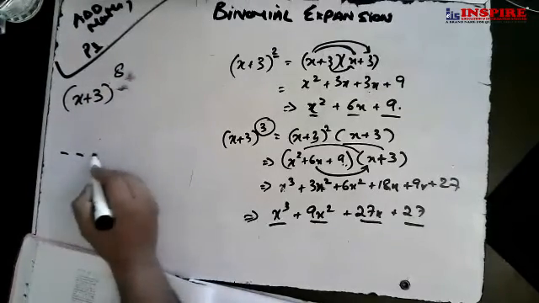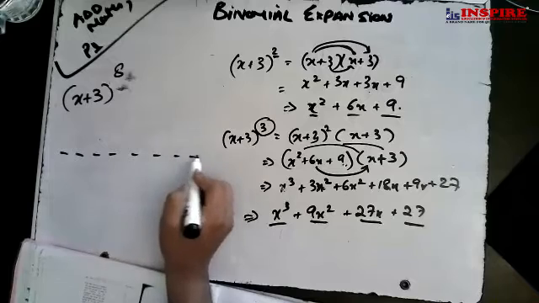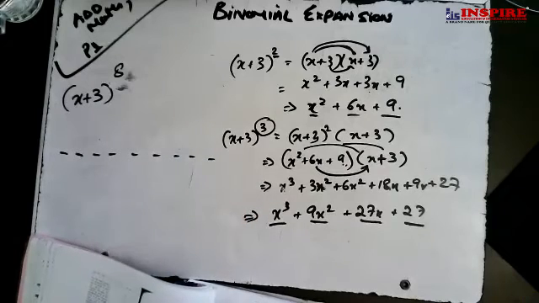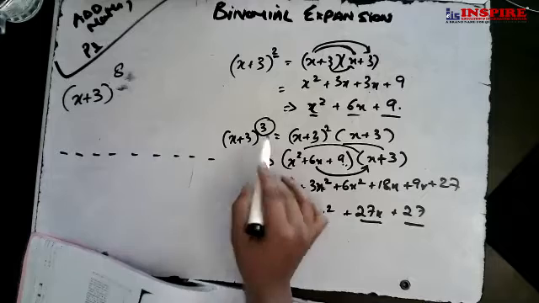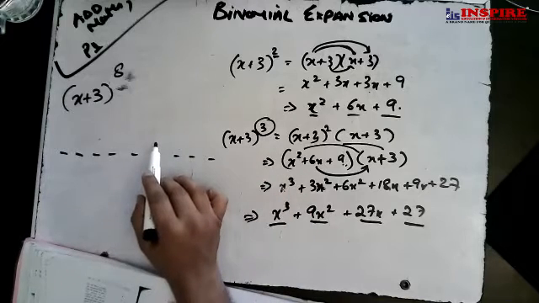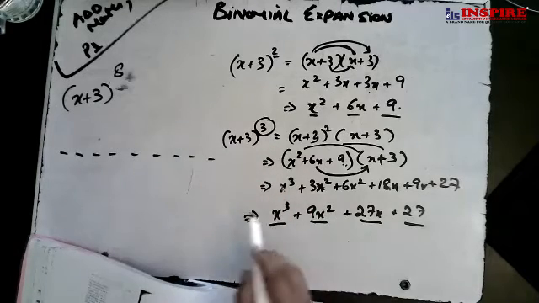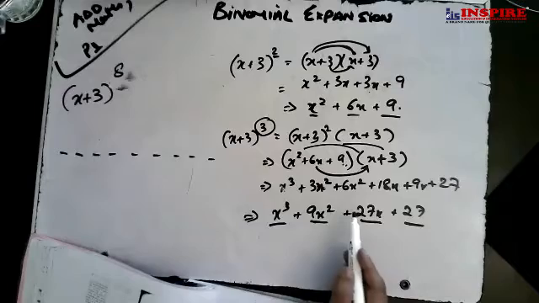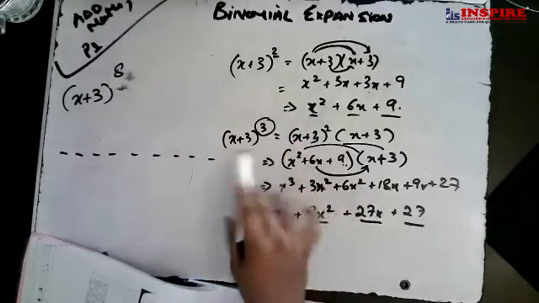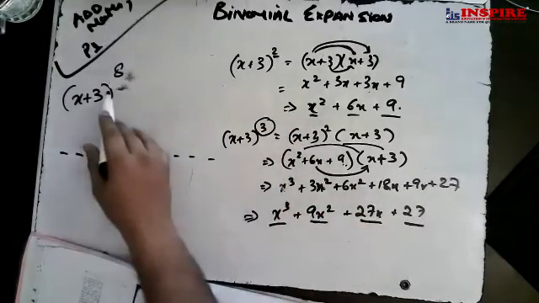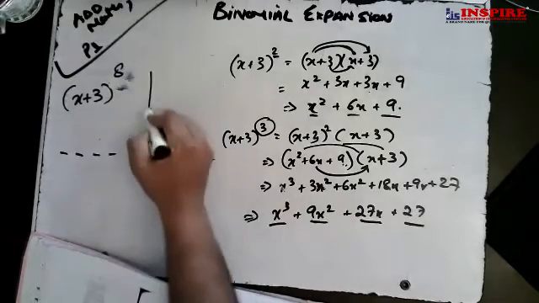You'll get 1, 2, 3, 4, 5, 6, 7, 8, 9 elements. And you'll have to keep multiplying: x plus 3 cubed, multiplied by x plus 3 cubed, gives x plus 3 to the power of 6, and then you multiply it by x plus 3 squared and you get x plus 3 to the power of 8. I mean, it's too long.